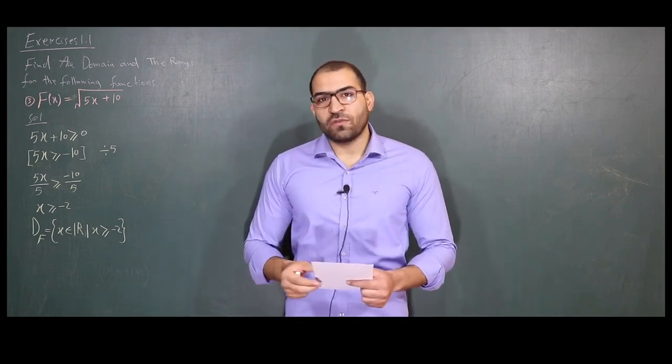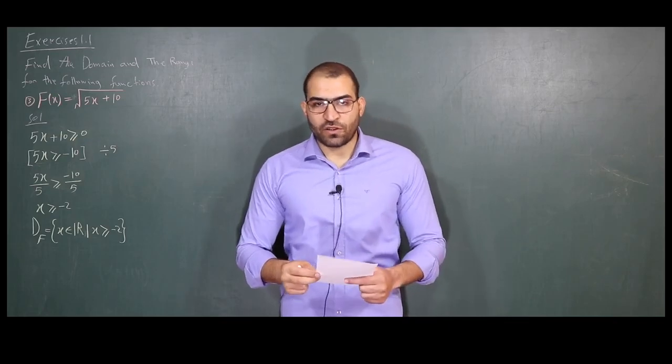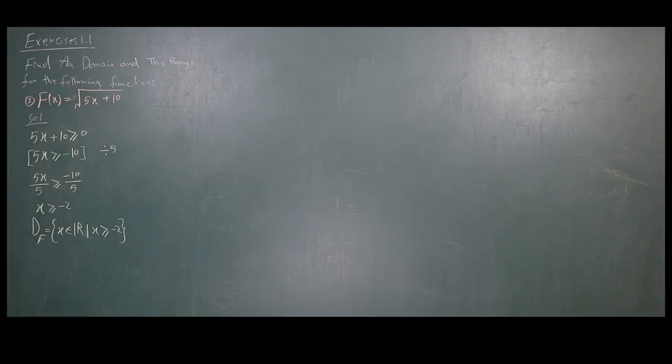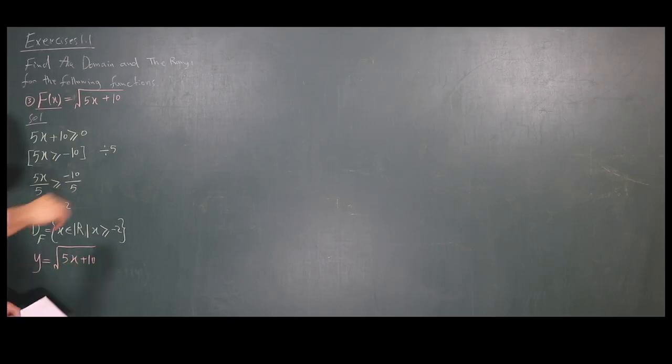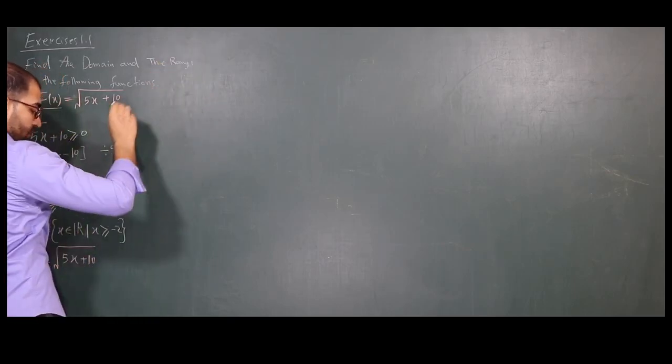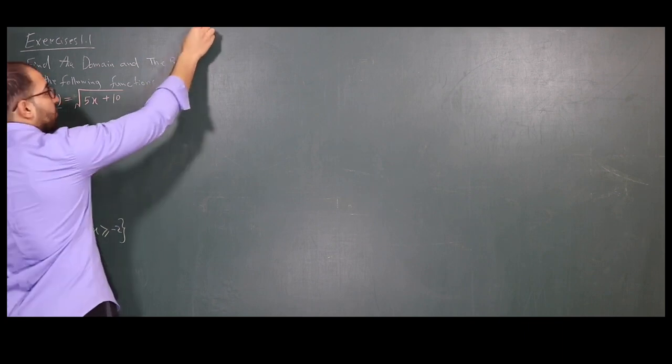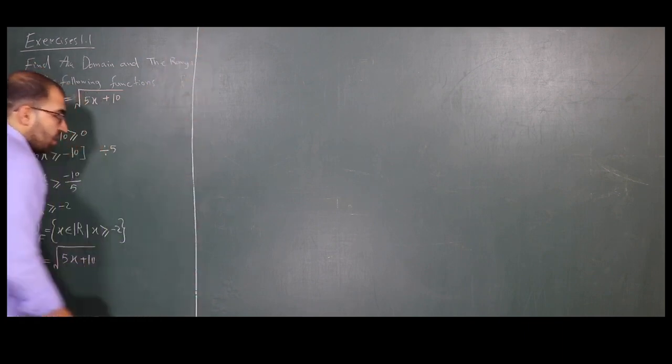To find the range of this function, we need to change the expression first. We need to write this function in terms of y's instead of x's. So I'm going to put y equal to the square root of 5x plus 10. That will cost me a lot of space, but it's okay.